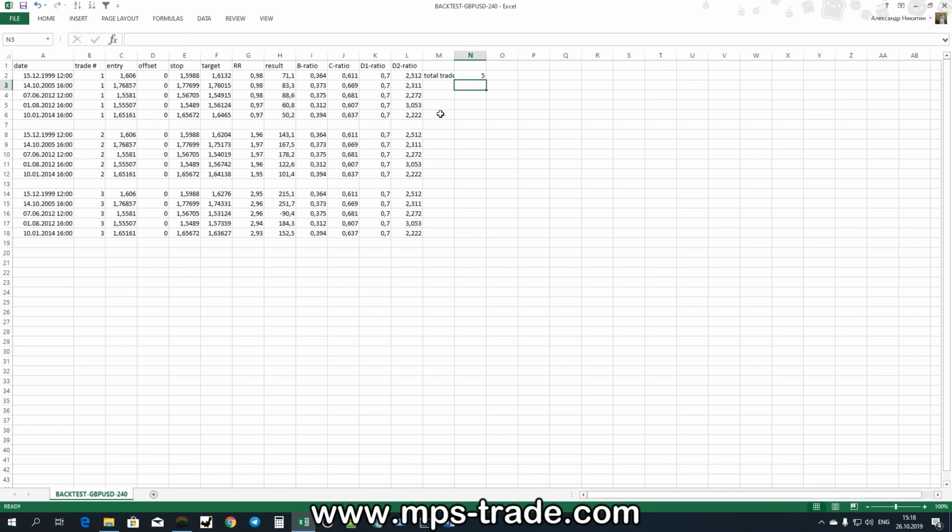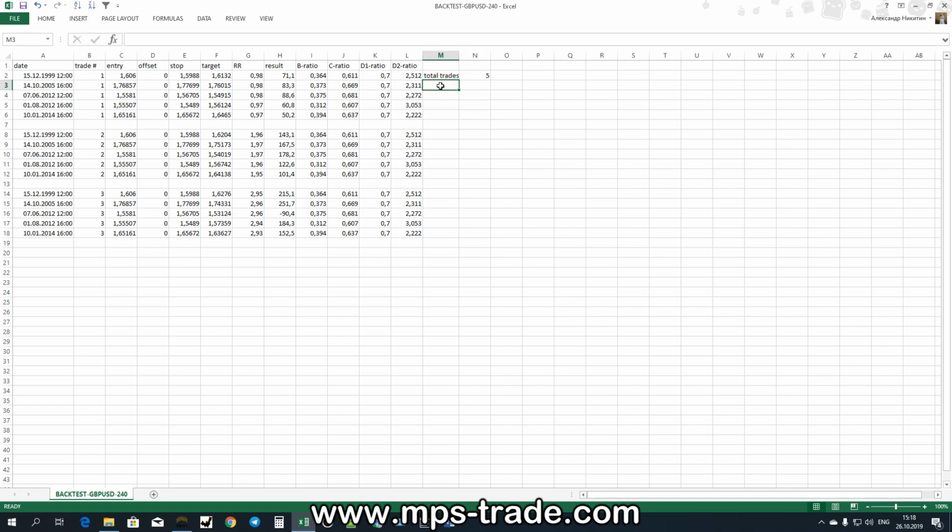Okay. Second thing that we need to calculate is number of winners. Number of winners. And we should calculate it this way. Count if. Excel suggests the formula. And again, within the range of result. And we only should calculate those that are more than 0.